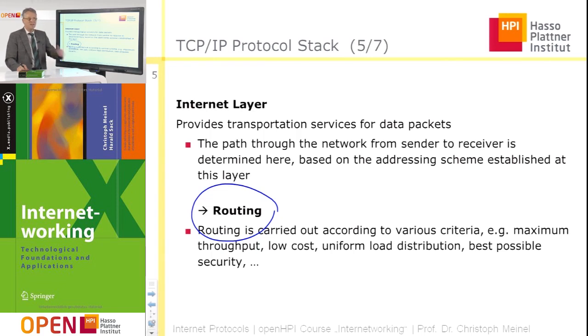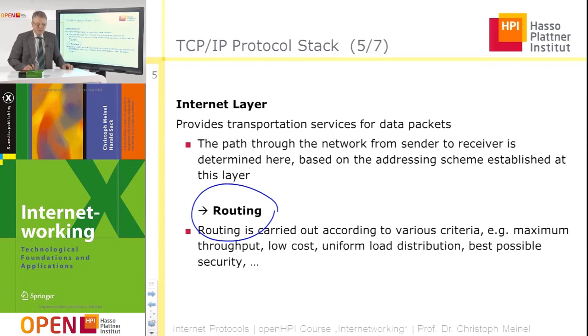This means maximum throughput needs to be guaranteed, uniform load balancing, best possible security, optimal route and other things. This is part of the task that is solved in the internet layer.